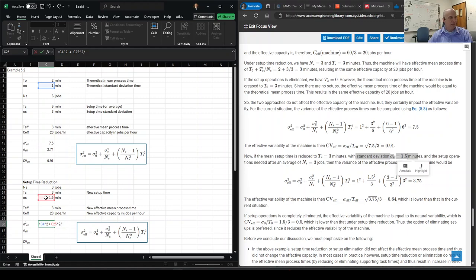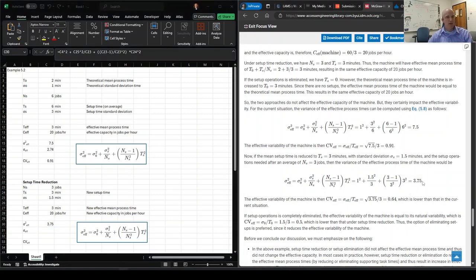We'll divide by ns, which has changed to 3. We will add the ns minus 1, all divided by the ns squared, times ts, which is the new setup time, squared. So when we do that, we get 3.75. So we are aligned here with the book.